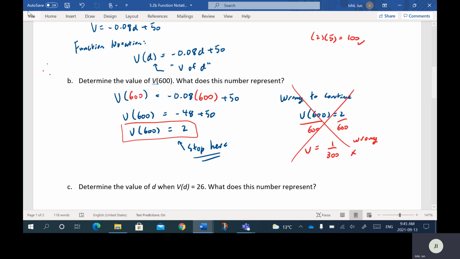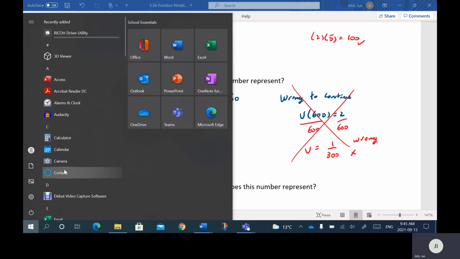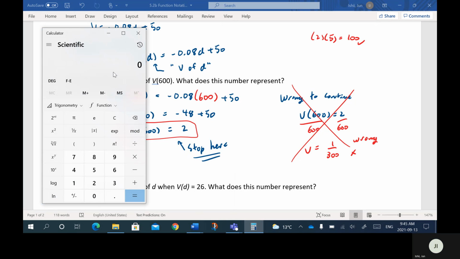All right. So the volume here is going to be 2 liters at 600 kilometers. I'm not going to lie, guys, I'm just going to double check this number here. So negative 0.08 times 600 plus 50.